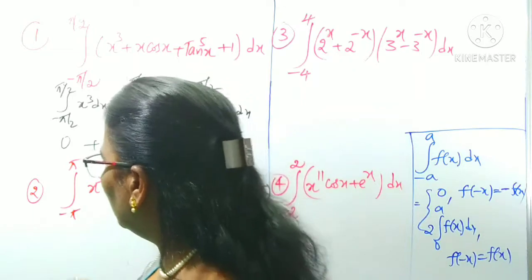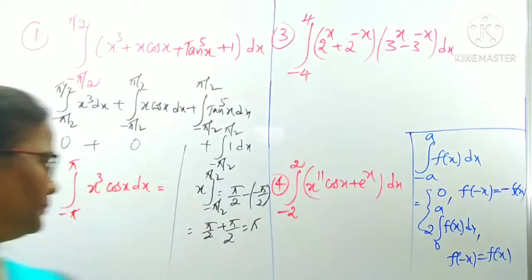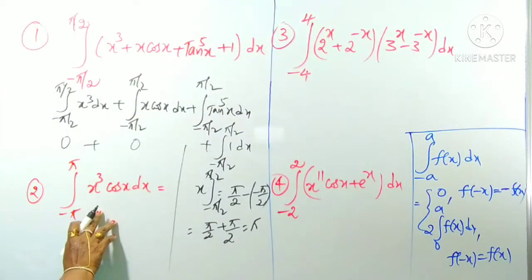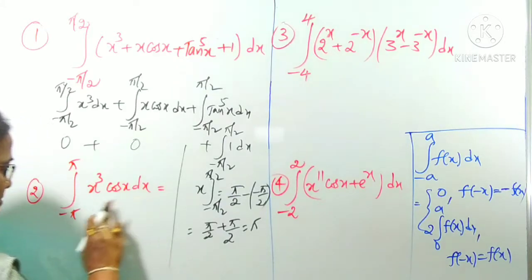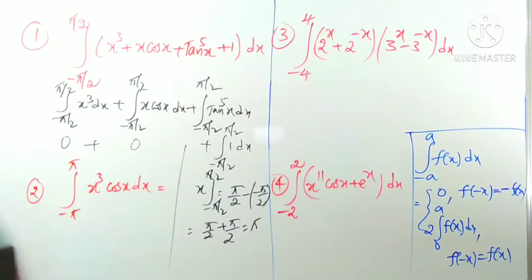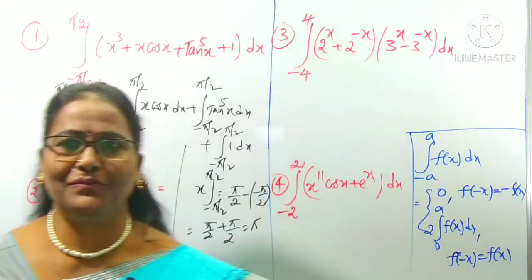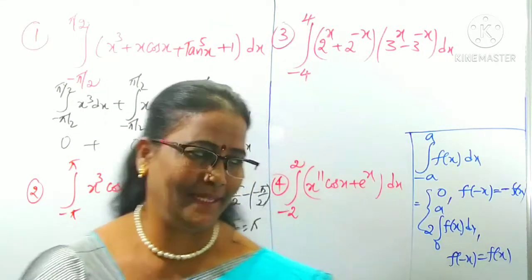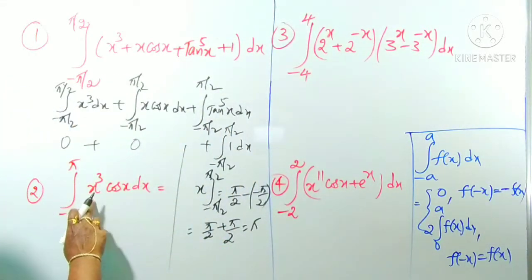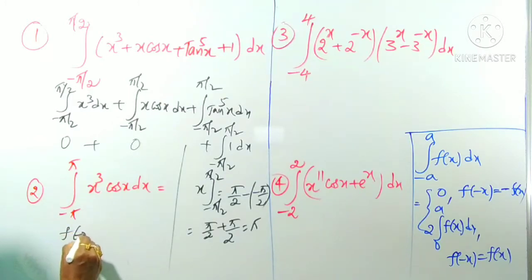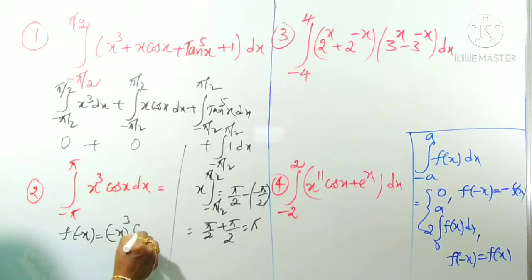Now we come to question number 2. What is question number 2? x cube cos x, limits from minus pi to plus pi. Here also it is in the form of minus a to plus a. Right. f of x here is x cube cos x. Therefore, f of minus x is minus x whole cube into cos of minus x.